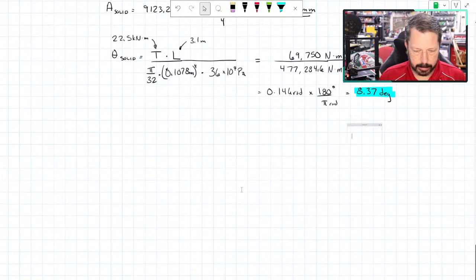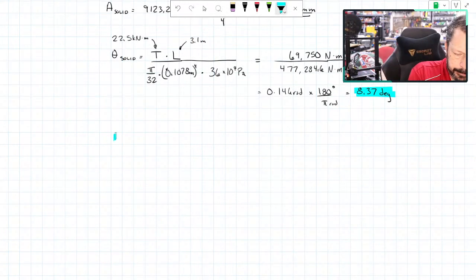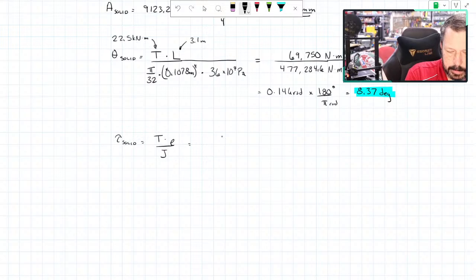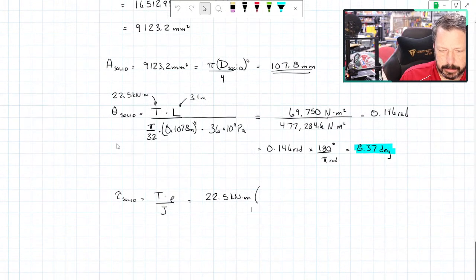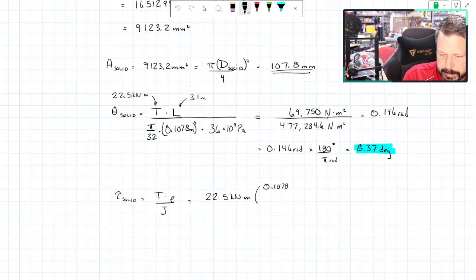Let's write it down. So tau for the solid would be T rho over J. T would be 22,500 kilonewton meters. Rho would be the diameter over 2, so 0.1078 meters over 2.